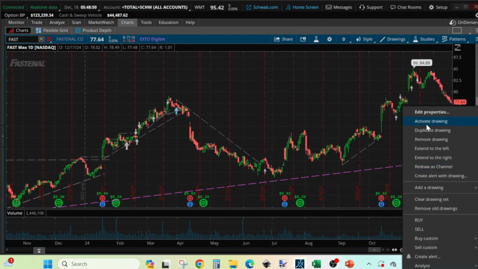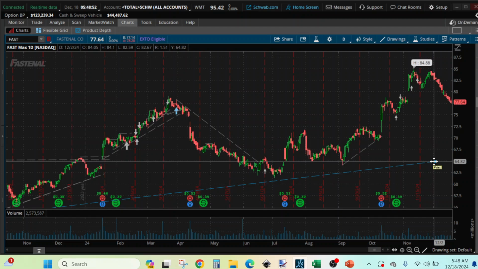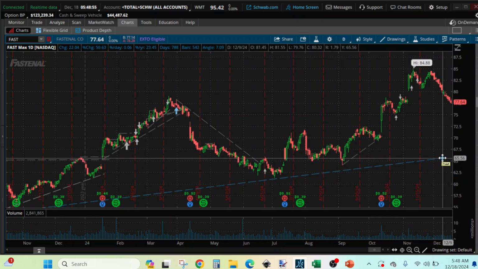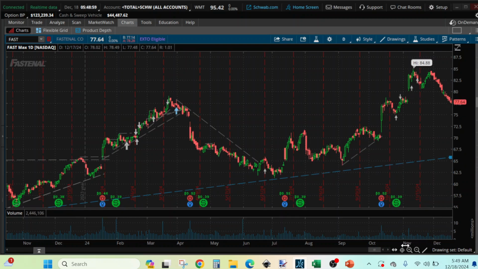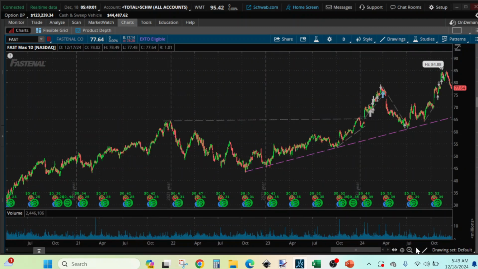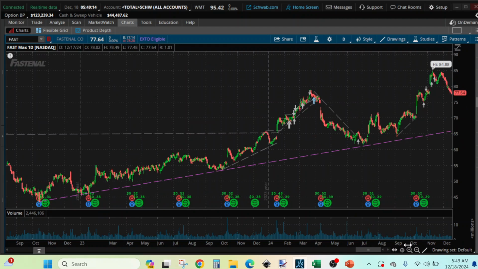And let's analyze this. I'm just right clicking it. Okay, I can zoom away from it, and that's the line we like to buy it on. But we already purchased some already, so hopefully it will continue to go up from there.